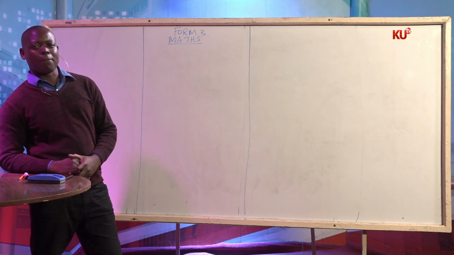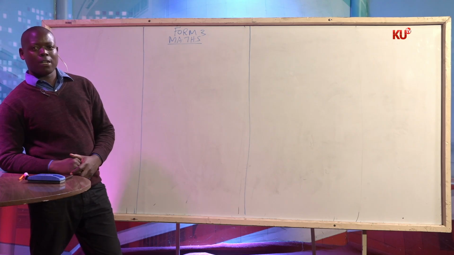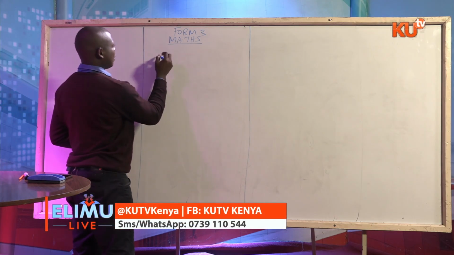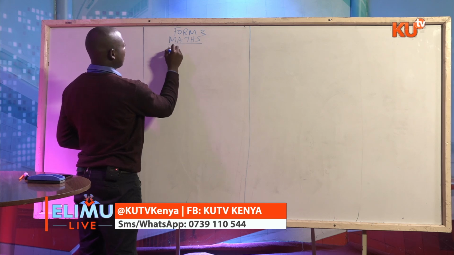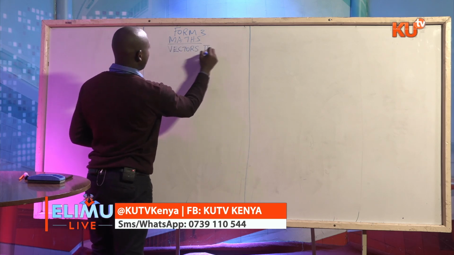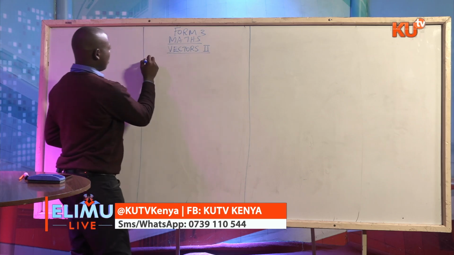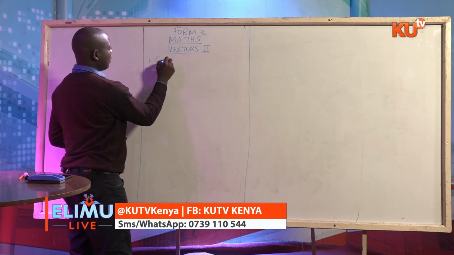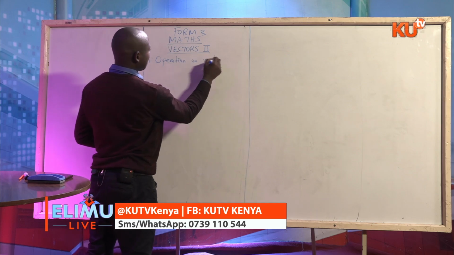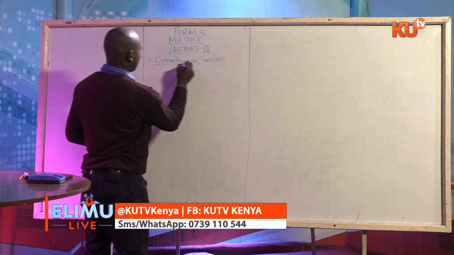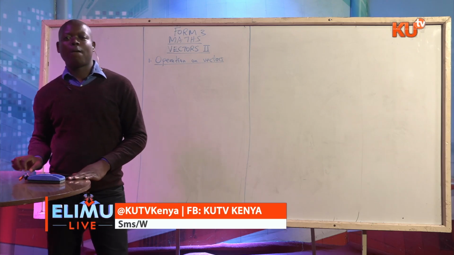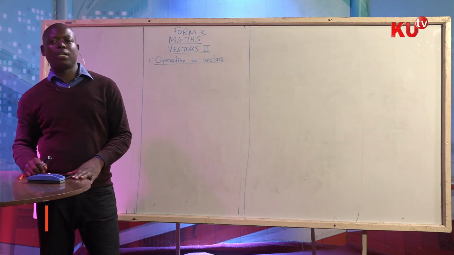In our lesson, our first discussion will be based on operation on vectors. So we are looking at Vectors 2, and particularly what we call operation on vectors. Students, when we talk about operation on vectors, what do we mean?